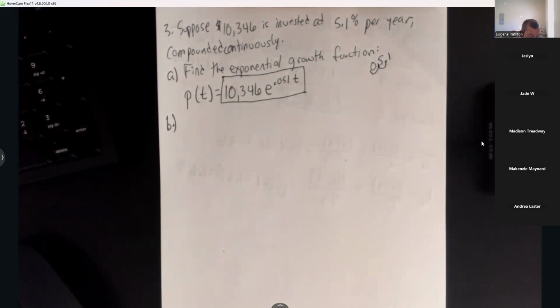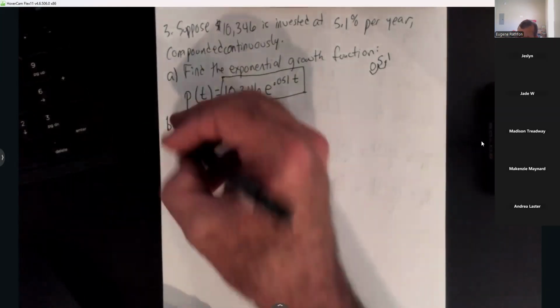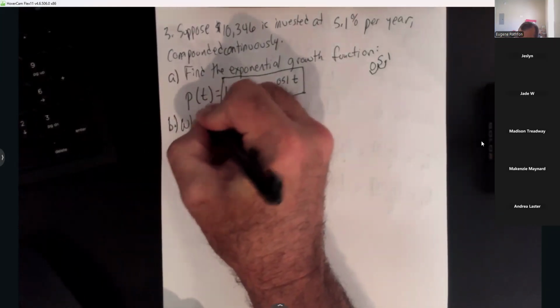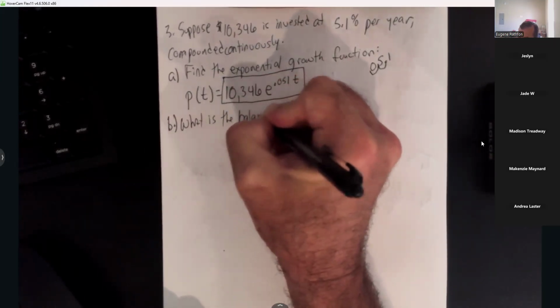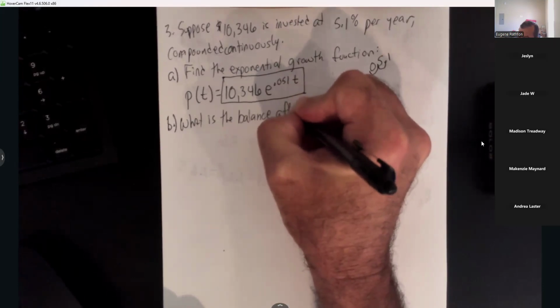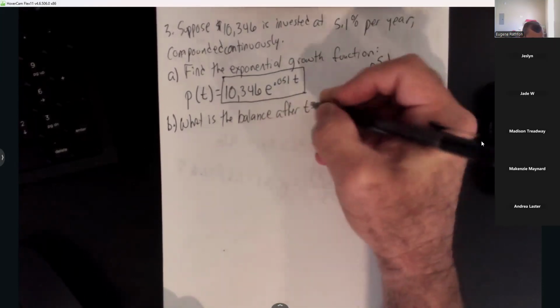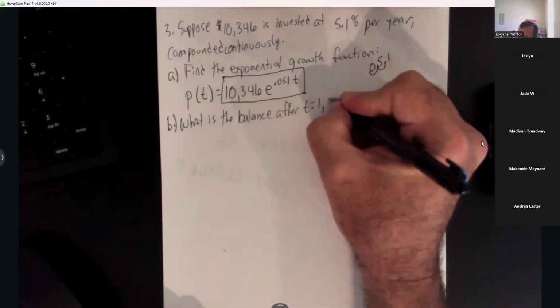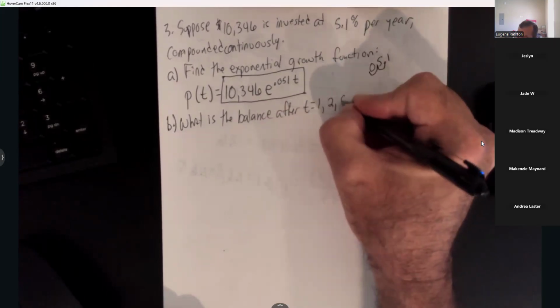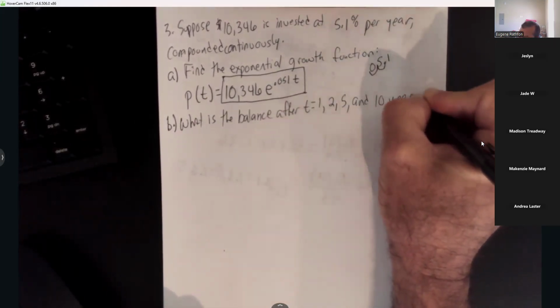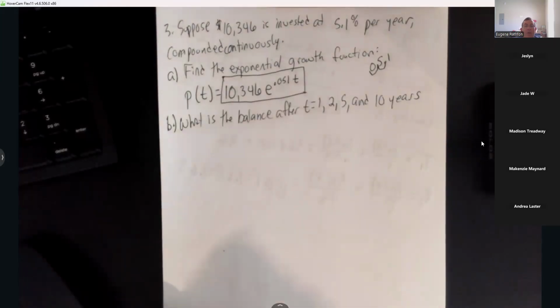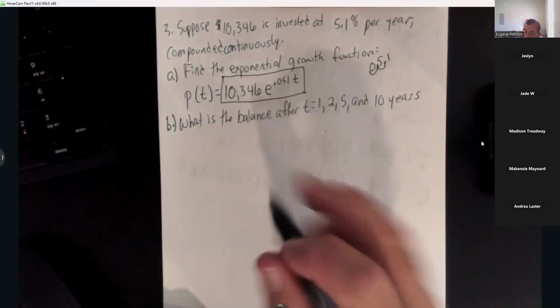All right, so let's see. They want us to find what is the balance after T equals 1, 2, 5, and 10 years. So they want to know the balance after all these years.